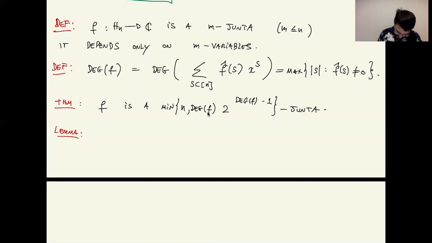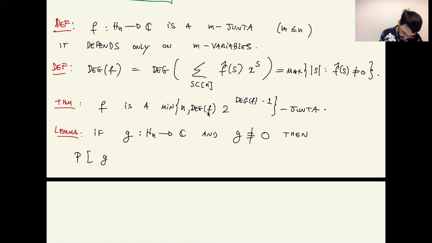Lemma: if g is some function from the Hamming cube to the complex values, and g is not identically 0, then the probability that g is not 0 is greater than or equal to 2 to the minus the degree of g. Okay, let's prove that first.